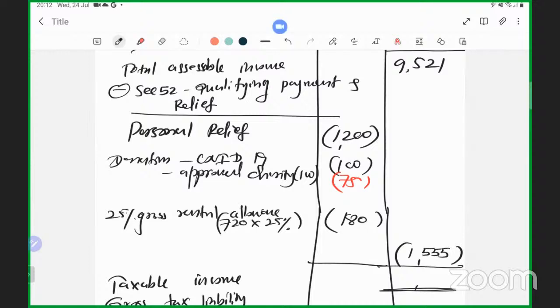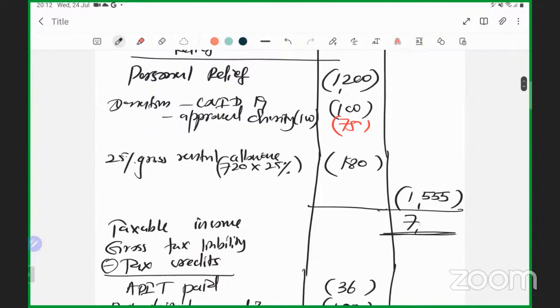So 1,200 plus 100 plus 75 plus. Yes, exactly. Thank you very much. Then 9,521 minus that answer. Yes, this answer is correct: 7,966. Thank you very much. So now I hope the answer is correct.